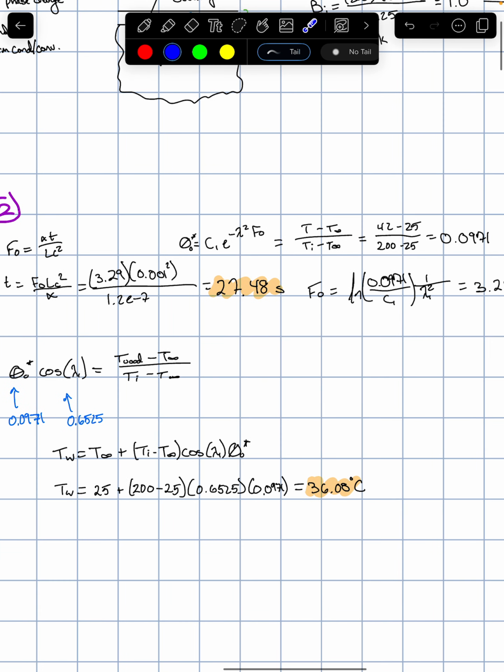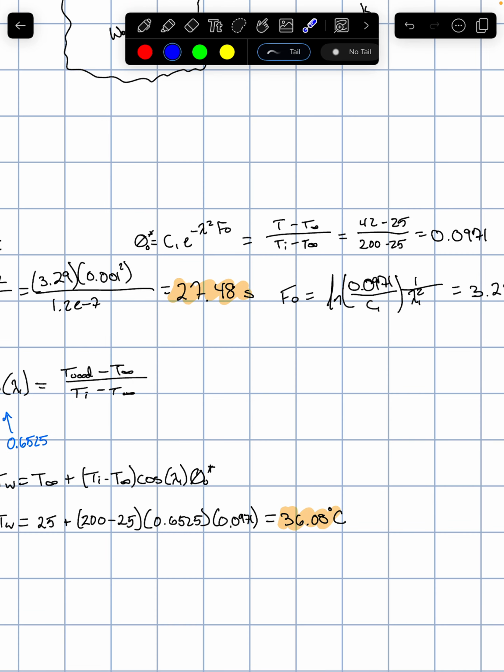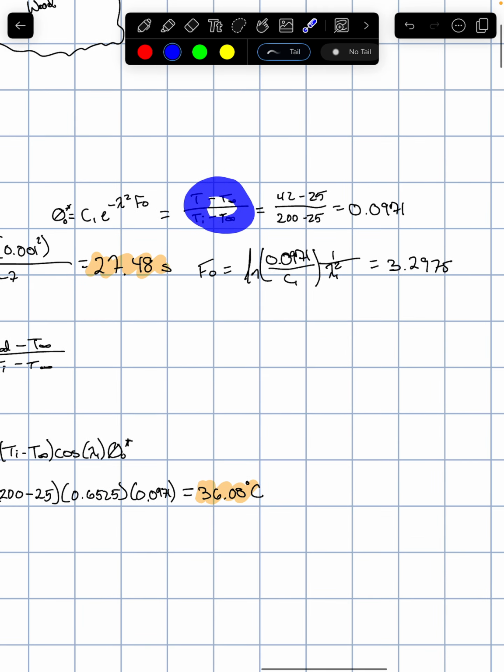To solve for that, we're going to start off with the dimensionless temperature equation, theta naught, which is equal to C1 e to the negative lambda squared Fourier's number, which is also equal to this equation right here, T minus T ambient all over T initial minus T ambient, which we know all of those, so we're going to solve for that number there.